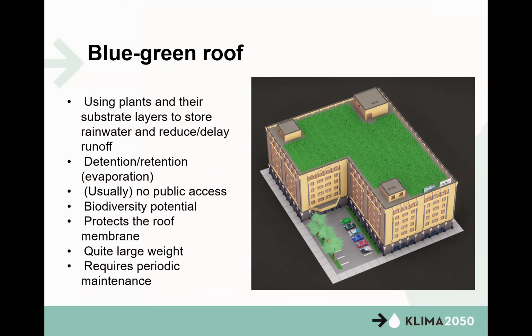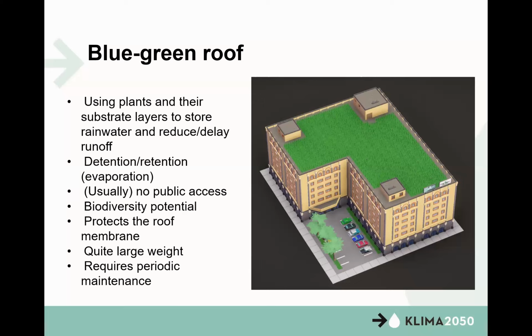There's a meadow up here that is mostly accessed for maintenance. And there are some other factors at work here. You need a bit of maintenance up here, nothing compared to a usual lawn, but a couple of visits per year. Weight can be a problem here. If you have a retrofit building, you usually don't have much structural capacity to play with.